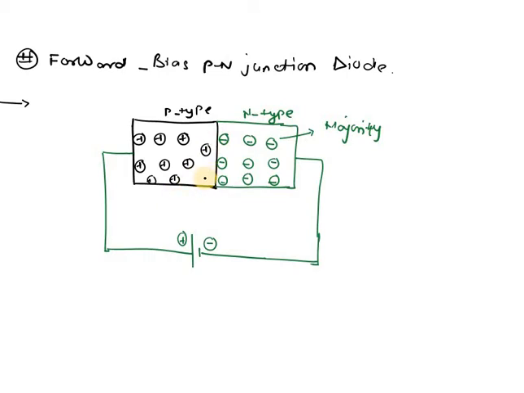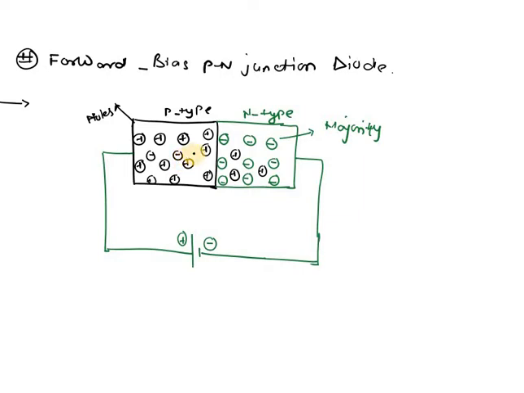So here holes are the majority charge carriers. Even though they are the majority charge carriers, we still have electrons as minority charge carriers in p-type semiconductor, and in n-type semiconductor we have holes as minority charge carriers. So there will be a small quantity of holes in n-type and a small quantity of electrons in p-type semiconductor.